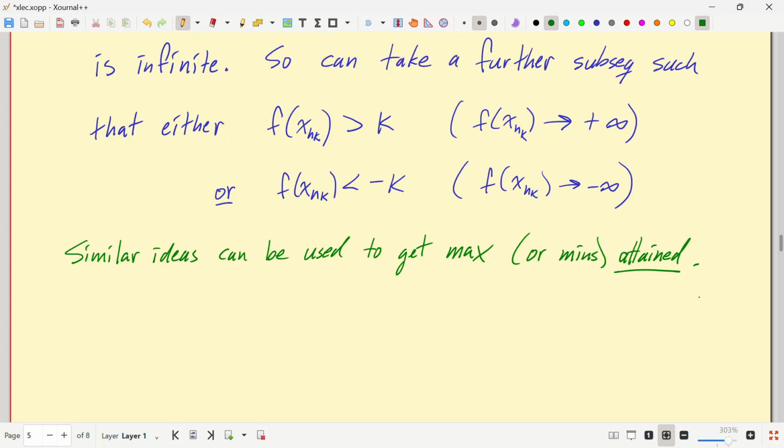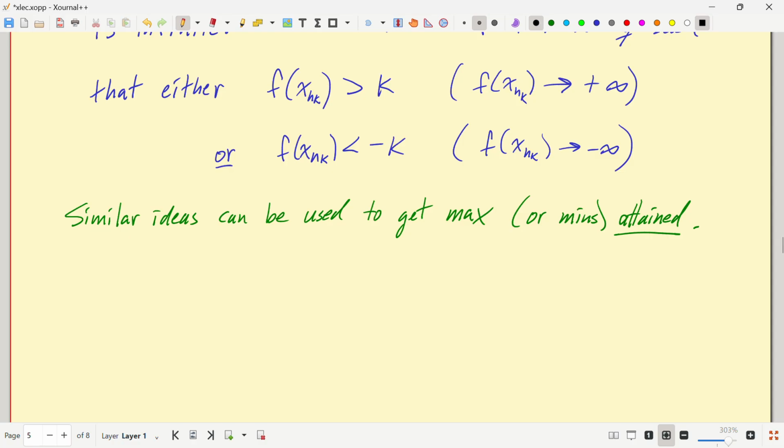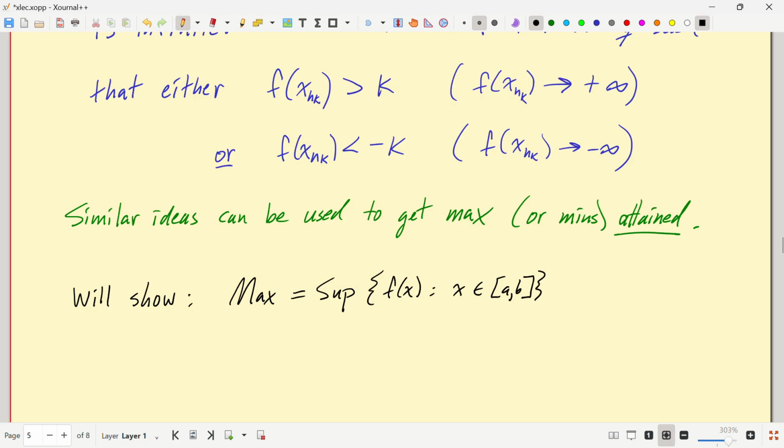So let's see, in the last key property of sups, I will show the max is going to be equal to the supremum. We know this is a bounded set, so let's call this S for supremum.